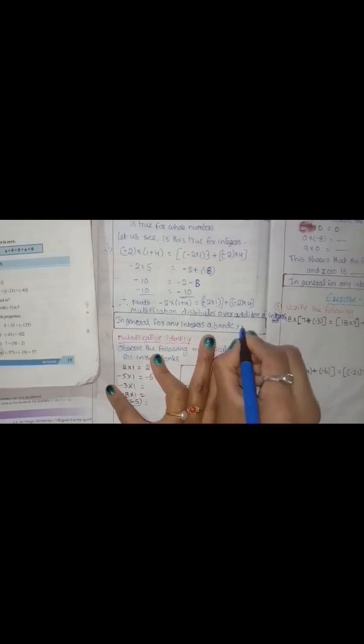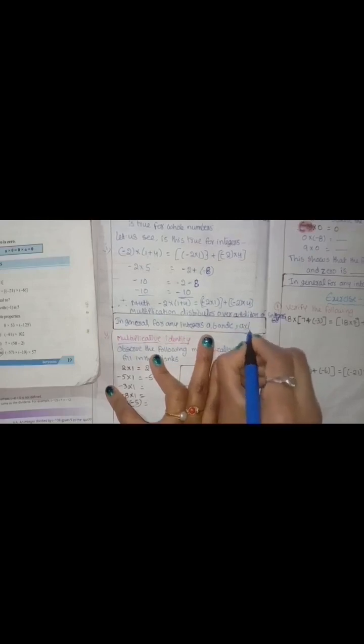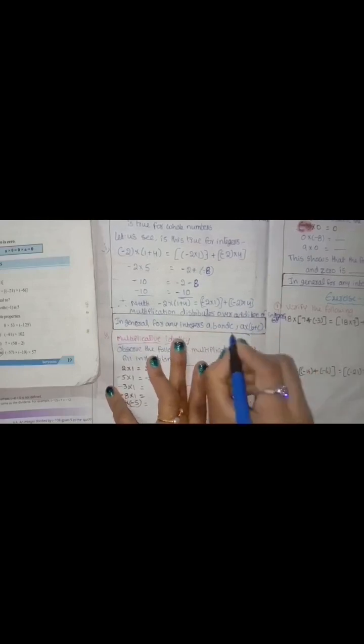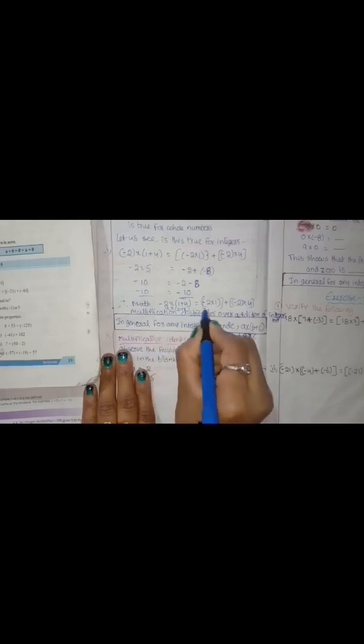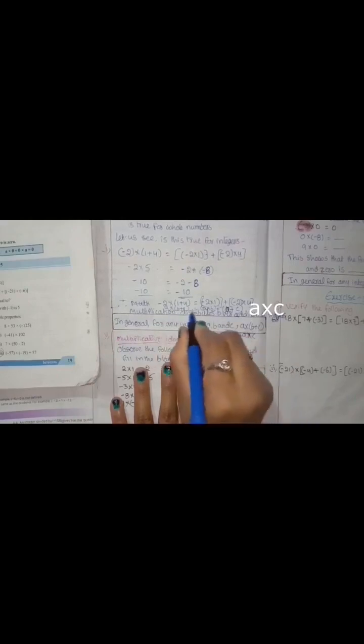The general form for any integers a, b and c: a cross (b plus c) equals a cross b plus a cross c only. Write this like that. That is, a cross (b plus c) is a cross b plus a cross c.